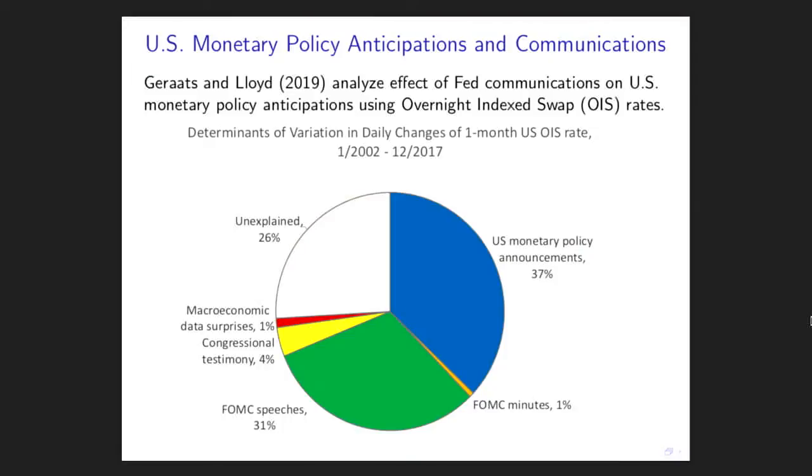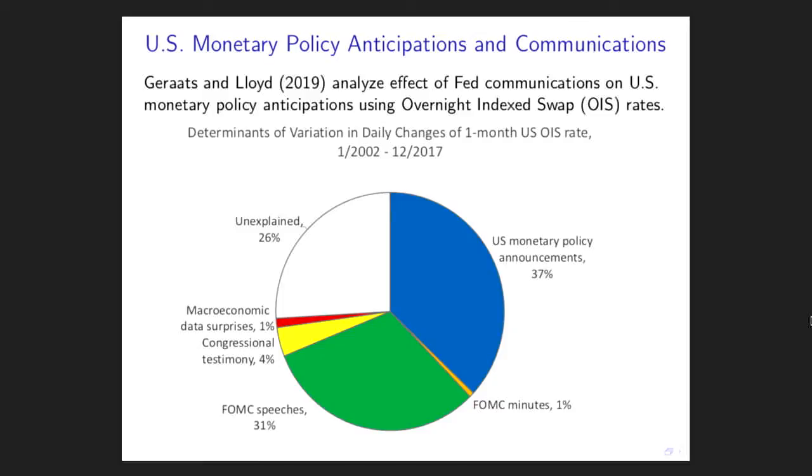So to have a closer look at that, I refer to some work in progress with Simon Lloyd, who's at the Bank of England. And we look at the effect of communications on monetary policy anticipations, which we measure using changes in the overnight index swap rate, so OIS rates.